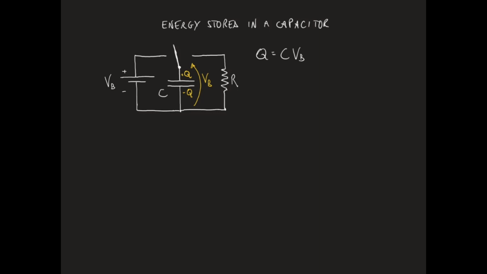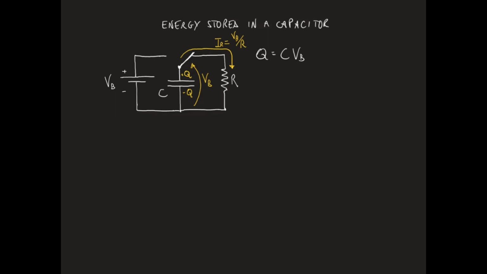Now let's connect the capacitor to the load. Due to Ohm's law, as soon as we connect the capacitor to the resistor, a current IR equal to VB divided by R will flow through the resistor. The same current will flow through the capacitor.